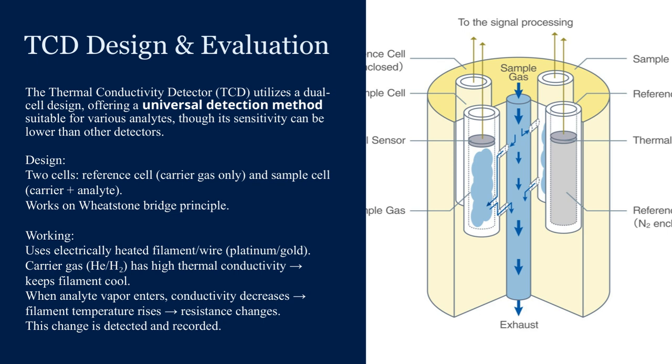This reduction in thermal conductivity causes the filament's temperature to rise, which in turn changes its electrical resistance. These resistance changes are then detected and recorded, allowing us to quantify the presence of the analyte. So, in essence, the TCD measures how the thermal conductivity of the gas mixture changes due to the analyte, providing a universal detection method that, while perhaps less sensitive, offers broad applicability in various analyses.